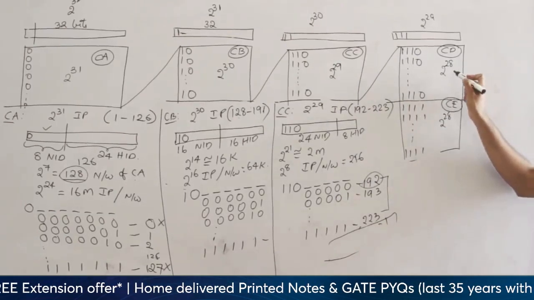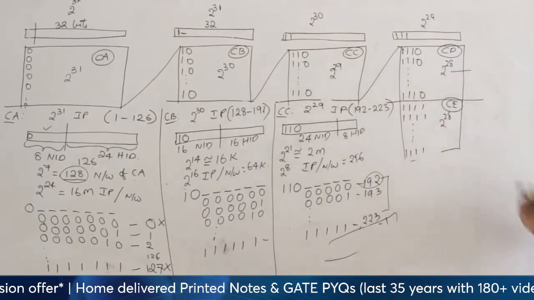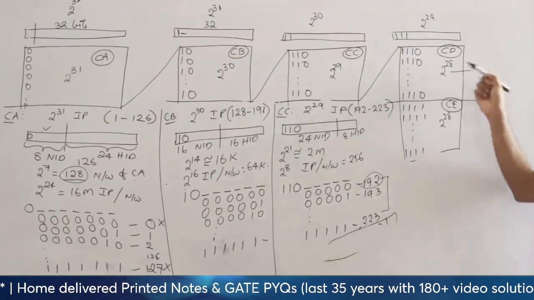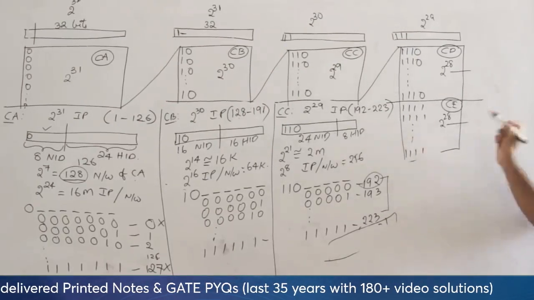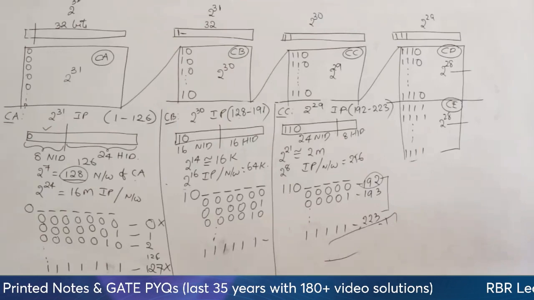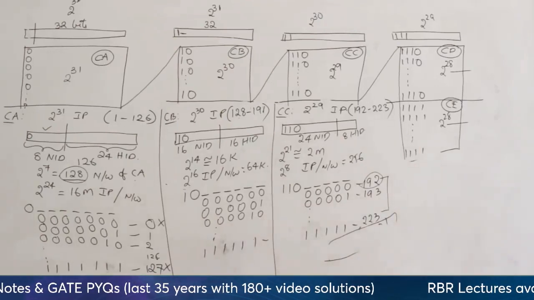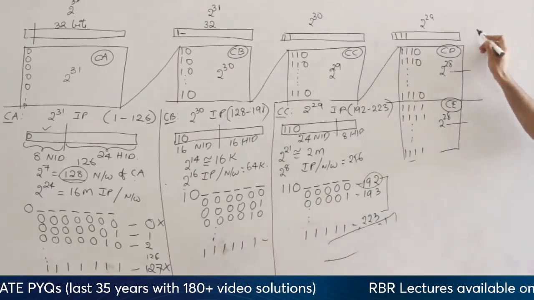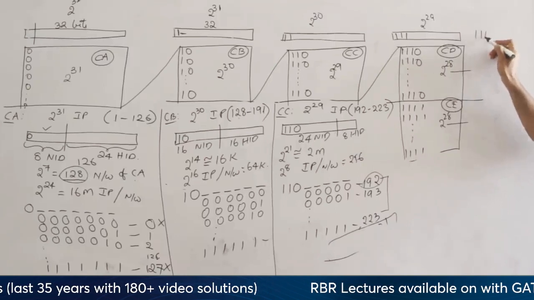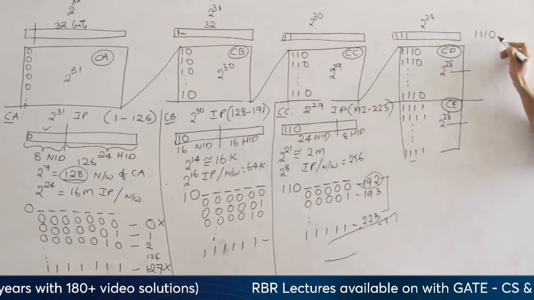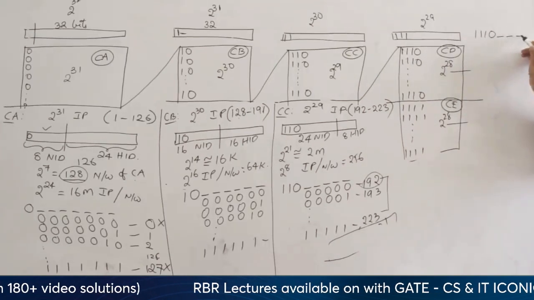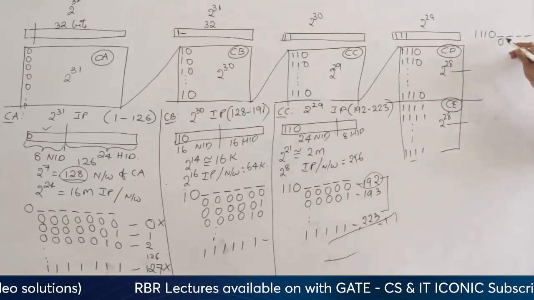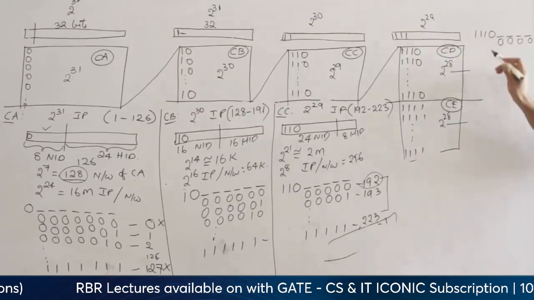So how many IP addresses are present in class D? It is nothing but 2 power 28. And how many IP addresses are present in class E? It is nothing but 2 power 28. If you want to see the range of class D, it starts with 1110, and how many bits are remaining? 1, 2, 3, 4, which means 0, 0, 0, 0, right?